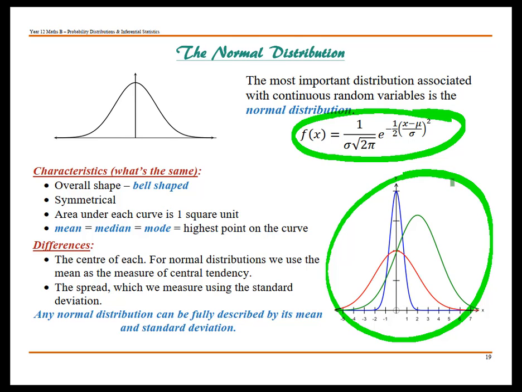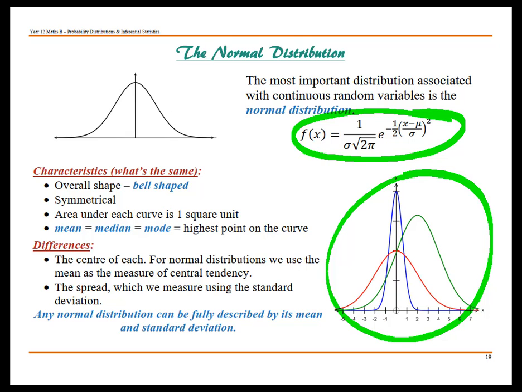Now, the standard deviation, the wider the normal distribution, the greater the standard deviation. So it looks like the red graph probably has a greater standard deviation or similar to the green, and then the blue has a smaller standard deviation.